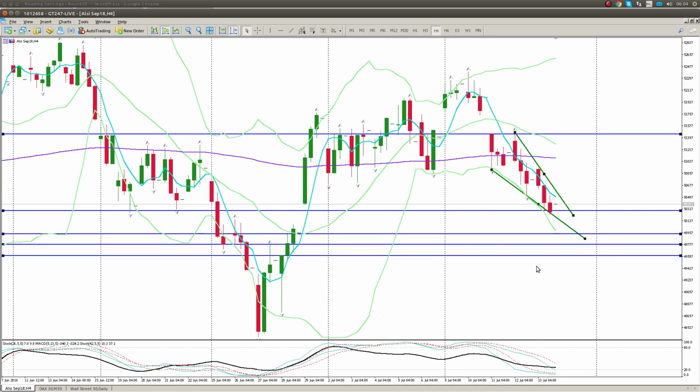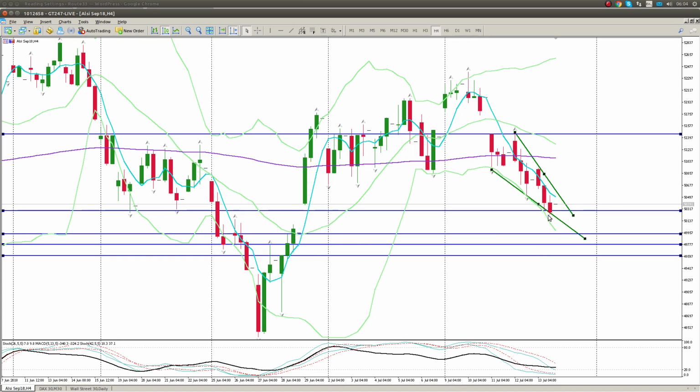So those are the 3 levels to the downside that we're looking for. It pretty much ranges from 49,600 to 49,940, so it's pretty much a 330 point zone on the downside here.